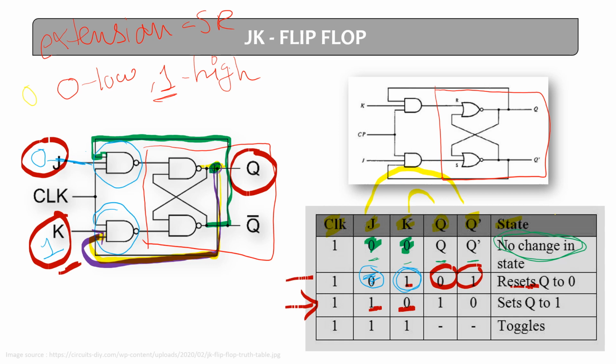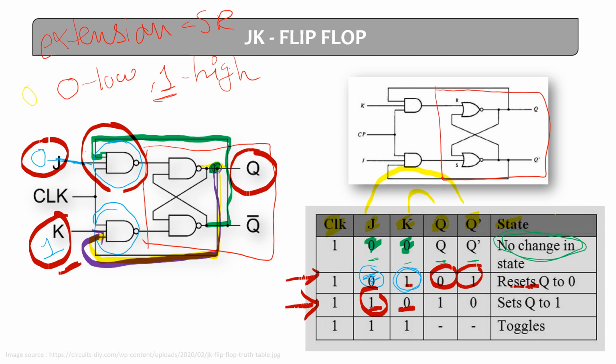In the upper case, setting is possible, and in the lower, reset is not possible, because K is 0. And the output of the upper AND gate, the set, will be high, of course, because this is 1, right? So I'll get the high output, and so we can set the flip-flop.